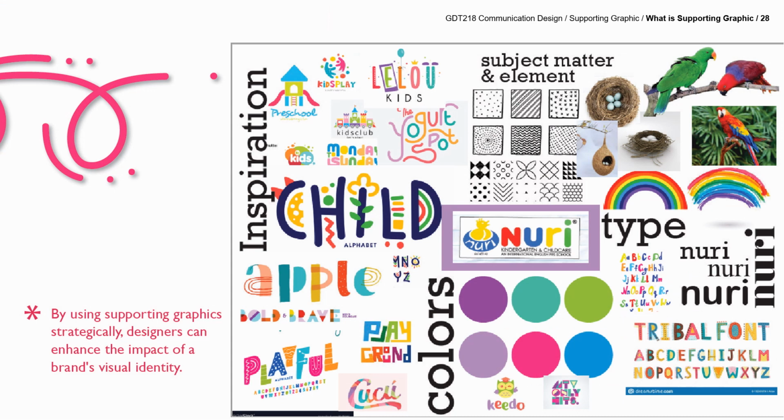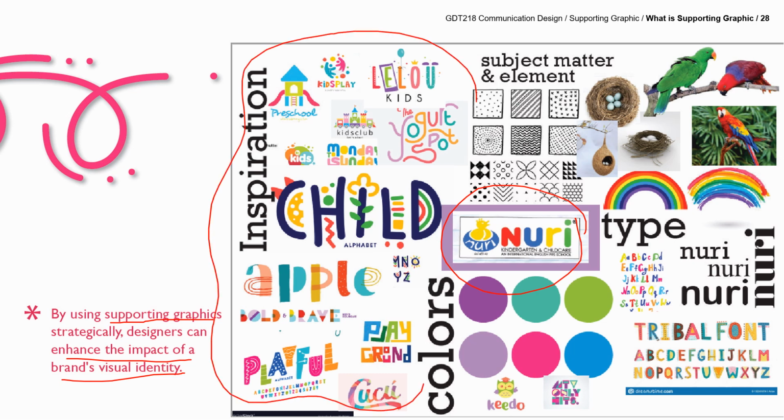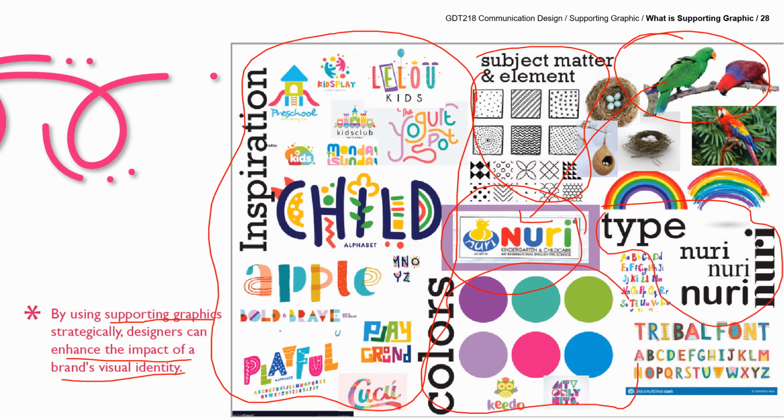So another interesting case study that we can share here is Nuri Kindergarten Childcare. By using supporting graphics strategically, designers can enhance the impact of brand visual identity. As we can see here, we are going to redesign Nuri Kindergarten Childcare, with inspiration for the logo, the subject matter and elements. This is the subject matter that they are trying to apply in the logo, the typeface and also the color palettes.